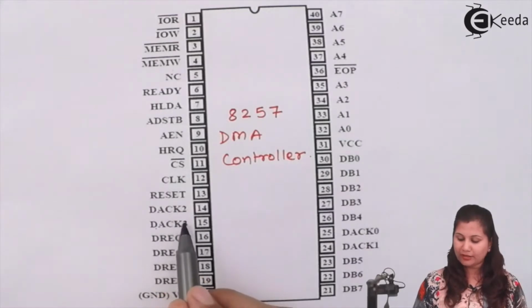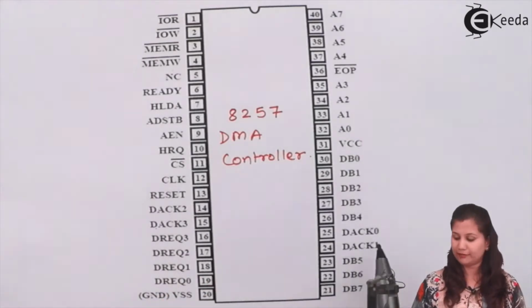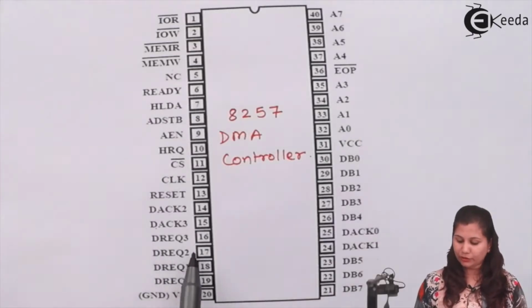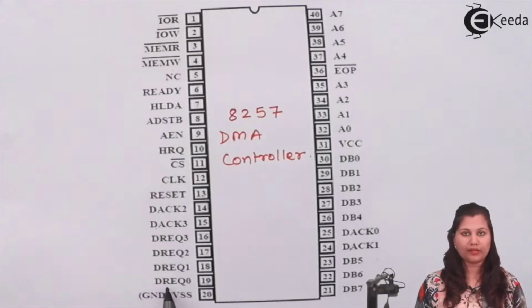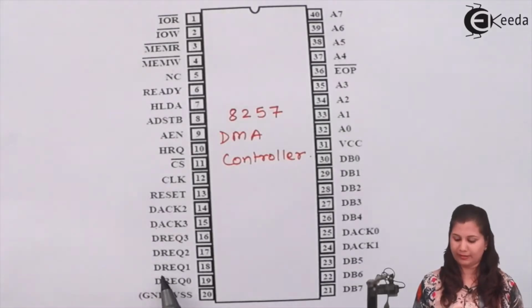Then we have DREQ. These are the DMA request signals for channel 0, 1, 2 and 3. So these are the request signals of the 4 channels.